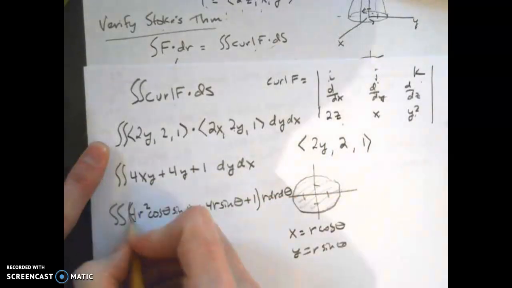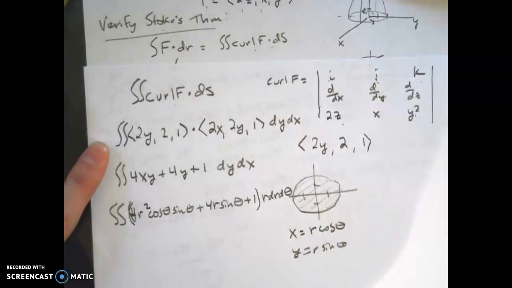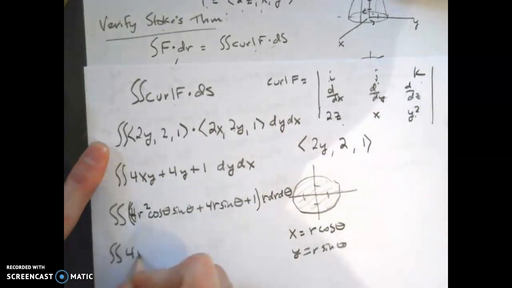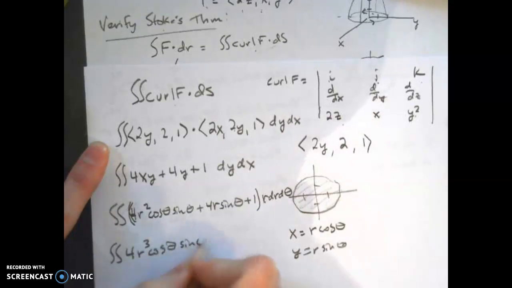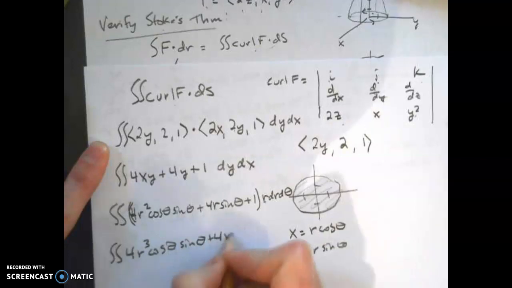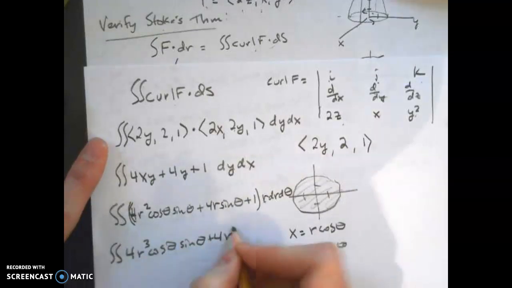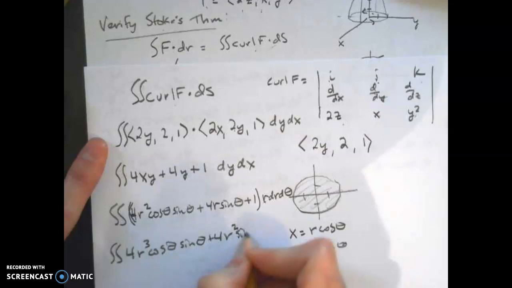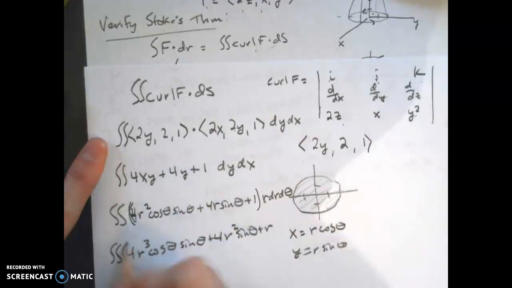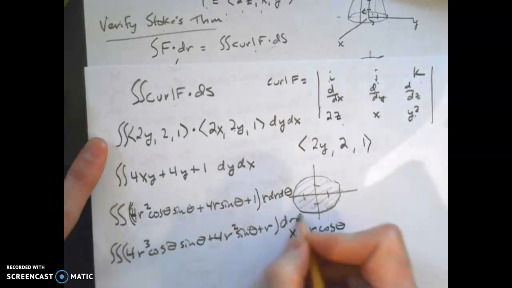Okay, now I'm going to multiply the r into all of these. So we get 4r cubed cosine theta sine theta plus 4r squared sine theta plus r, dr d theta.